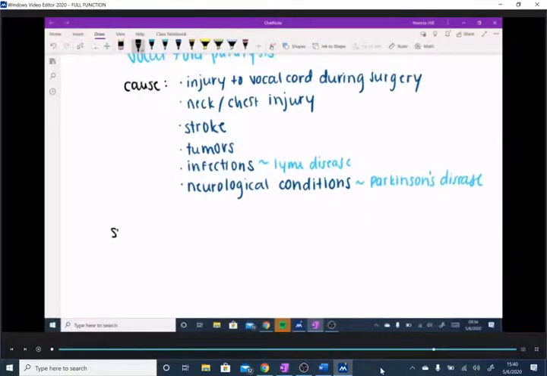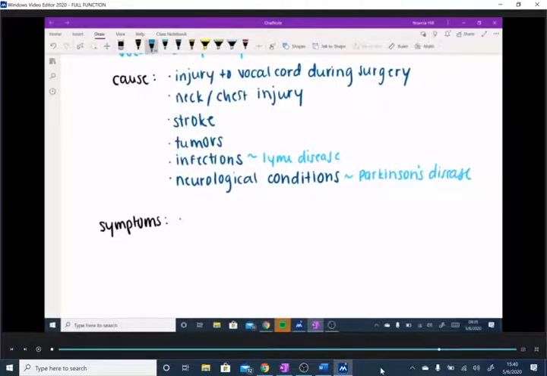So some signs and symptoms of vocal cord paralysis could be hoarseness of your speech, noisy breathing, loss of vocal pitch. Another one is choking or coughing from foreign objects.